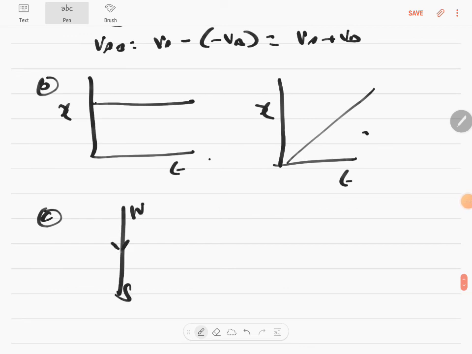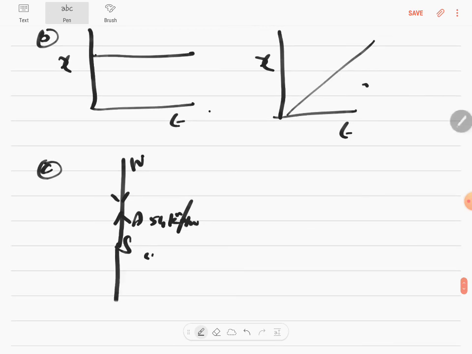The train A is moving towards north with the speed of 54 kilometer per hour, 54 into 5 by 18 you can do. And the train B moves with the speed of 90 kilometer per hour south. Train B is going like this at a speed of 90 kilometer per hour south.